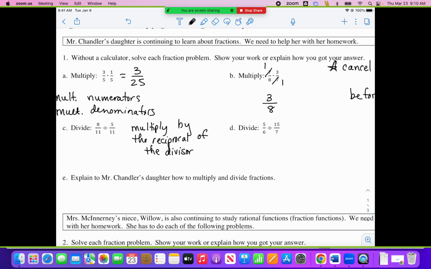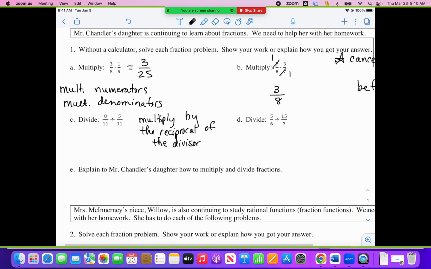When you divide fractions, and really you're dividing by a fraction, okay? If you are dividing by a fraction, you change it to multiplication by the reciprocal of the divisor. So this becomes 8 over 11 times 11 over 5.